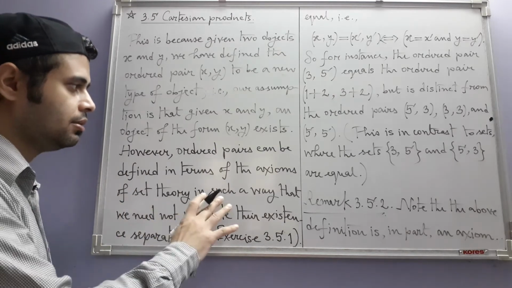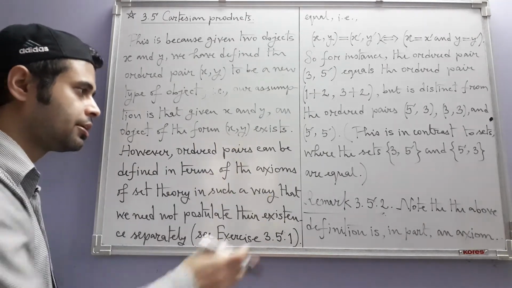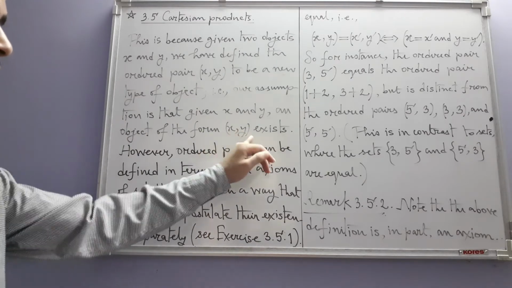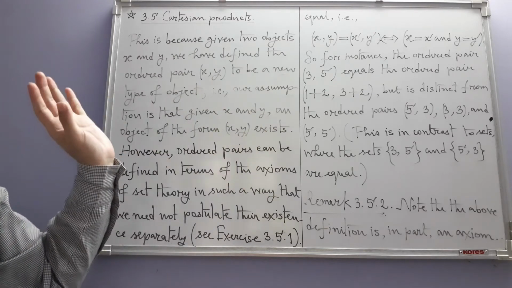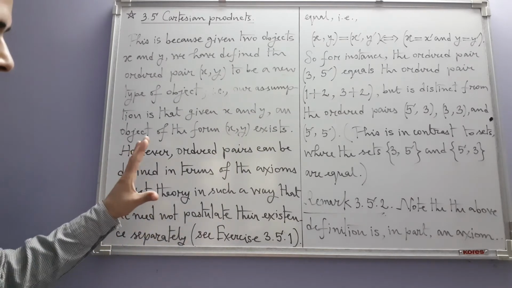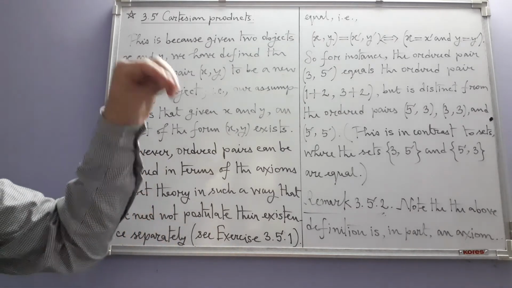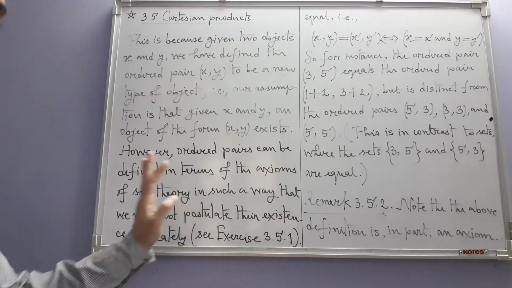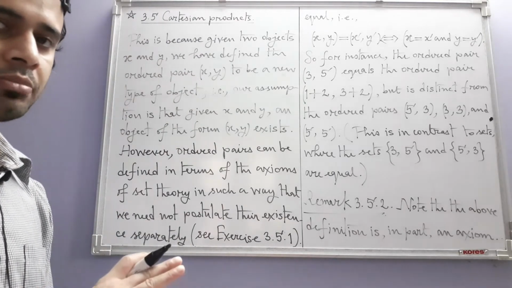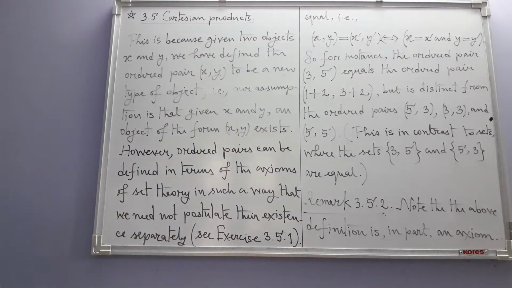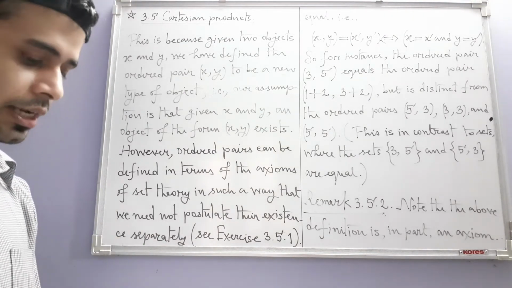So from there we gain some familiarity with ordered pairs, and then we are suddenly told that ordered pairs are not necessarily of just numbers, but you can have any object, and that's how the concept of Cartesian products is introduced. But from our point of view, since everything has to come from axioms or has to be introduced separately, that's why these things are appearing. Whatever we will ultimately get is not something different from what we already know about Cartesian products, just the treatment is different and logically more rigorous.